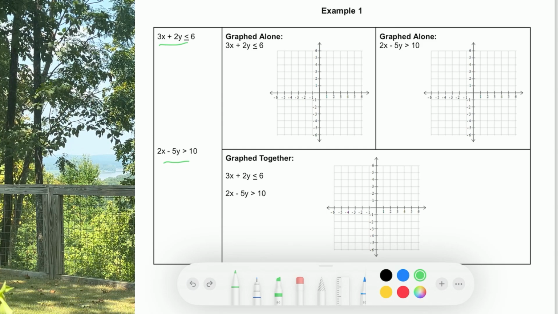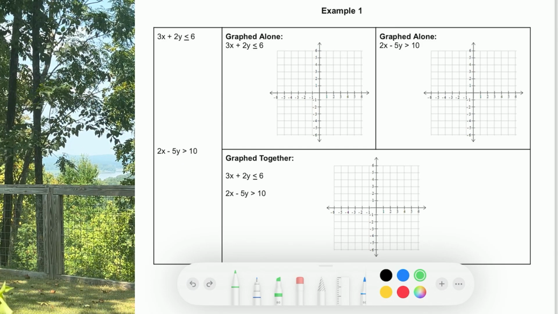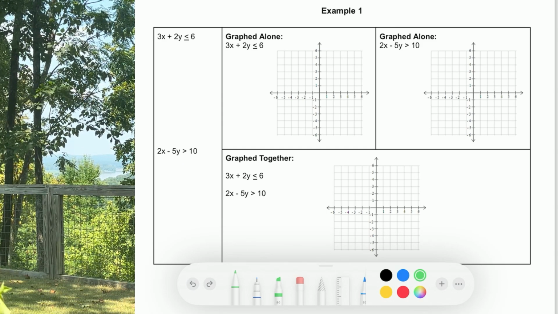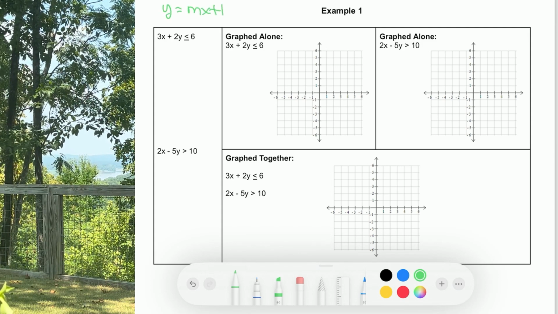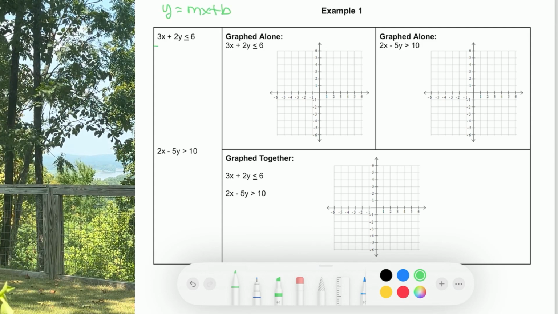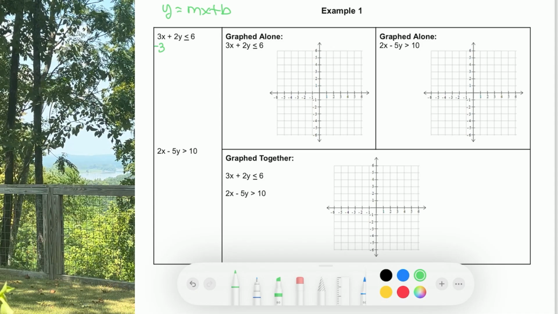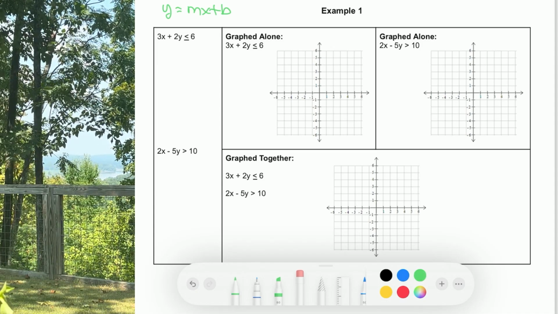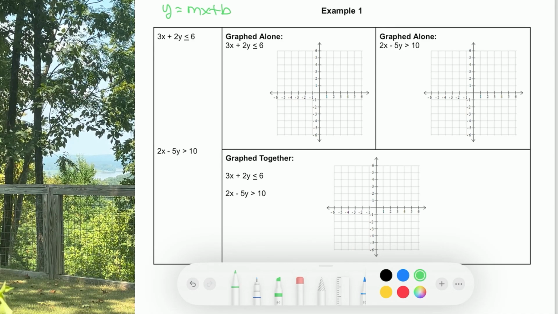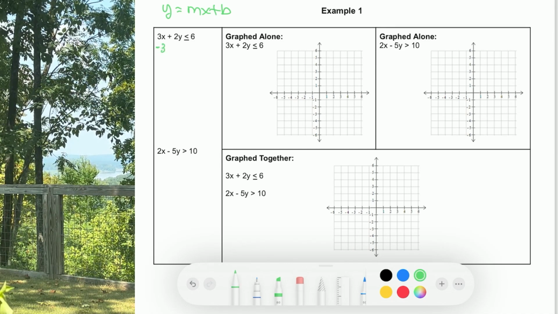So let me get rid of all those lines here. All right, so the first thing again was to isolate our y and get it into the y equals mx plus b form. So I'm going to do that here. Let's do that right there instead of in the box. So subtract 3x.